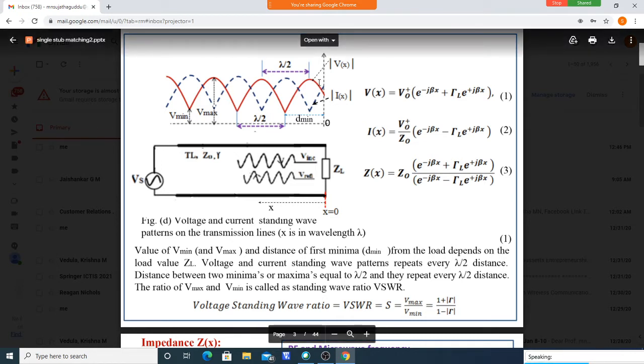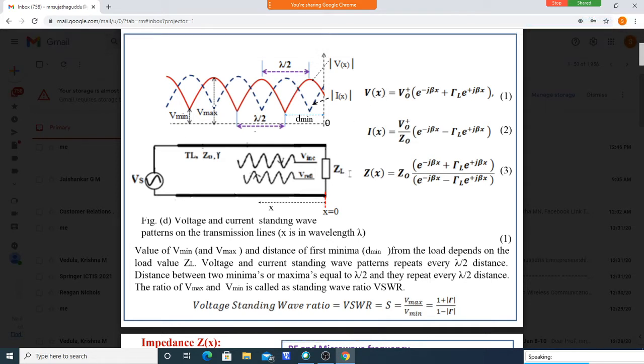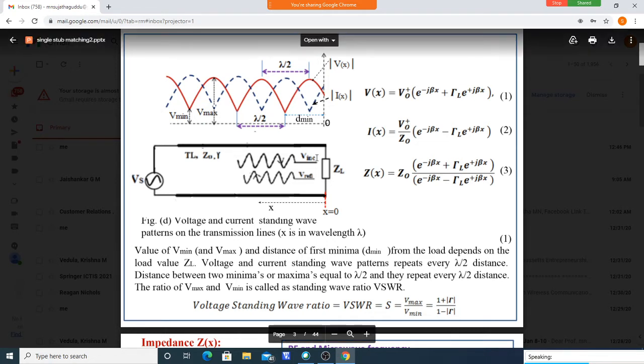For a given problem, if you measure the magnitude of the voltage, for example with this load ZL, we will observe it increases and reaches a maximum, then decreases like this, and again increases and decreases like this.